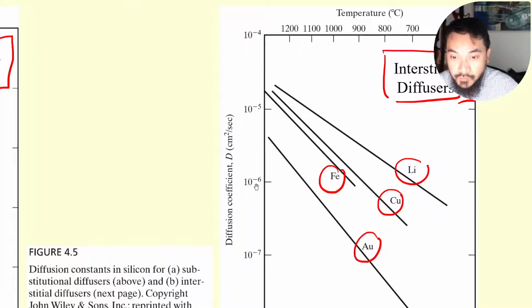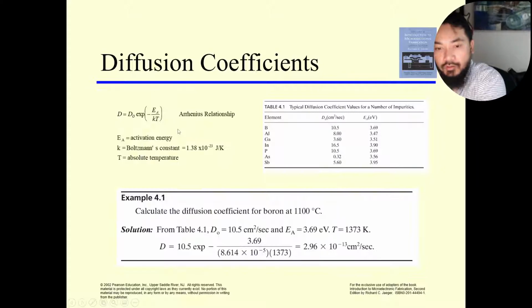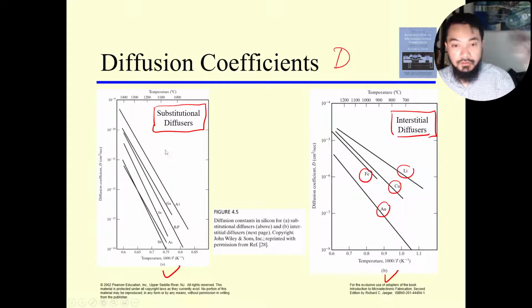So it is roughly 4 to 5 orders of magnitude higher, meaning it is much faster. 10 to the minus 6 compared to 10 to the minus 11 or 10 to the minus 10. That's why substitutional diffusion is much slower.